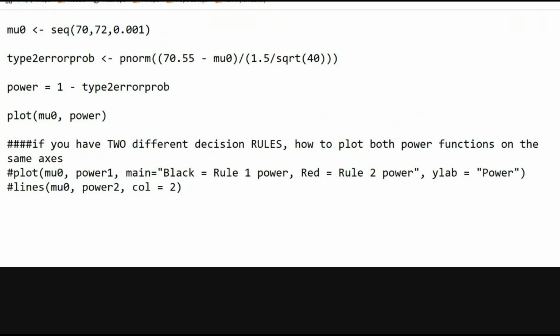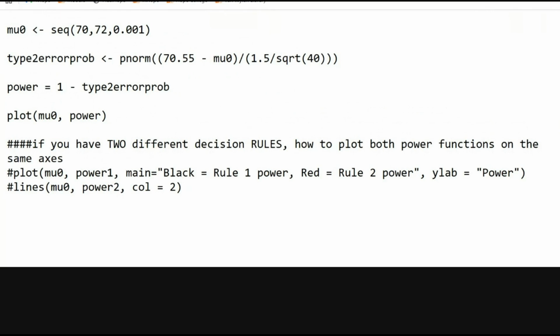If you don't specify the mean and the variance, the default is 0, 1. So pnorm(0) tells you the probability of a standard normal less than or equal to 0. With that in mind, can you modify this code and plot the power function? And you can have a look. Do it for rule 1 and also rule 2.